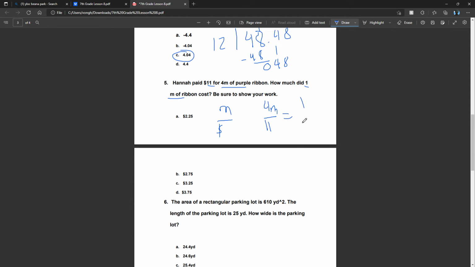So 1 meter and then X. Cross multiply, we have 4 times X, that's 4X, and then 11 times 1, that's 11. So you do 11 divided by 4, that's 2.75. So yeah, it's B.